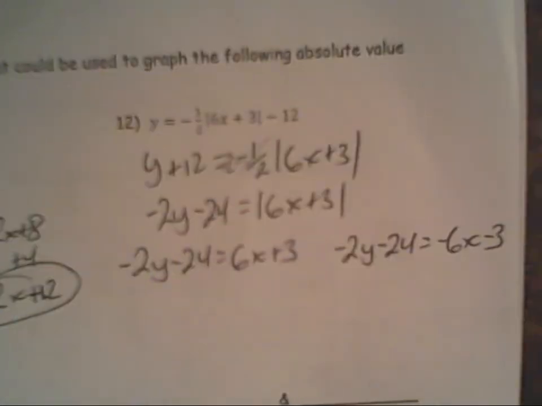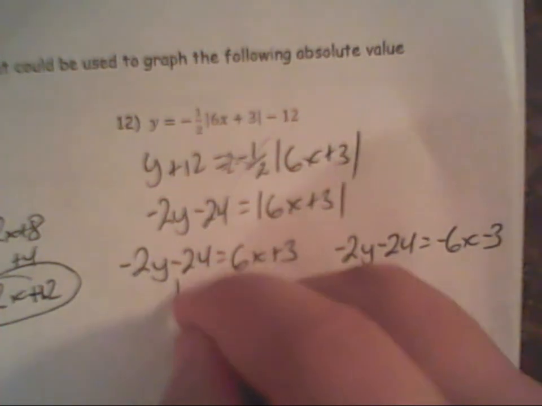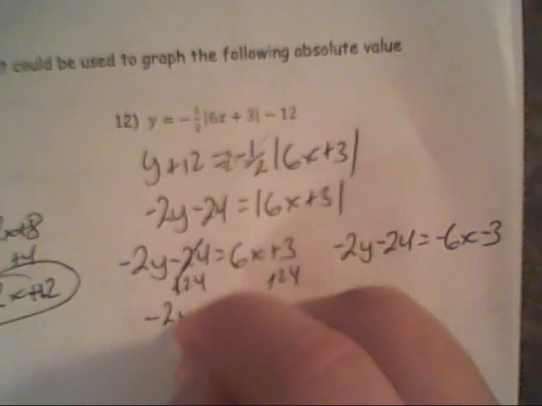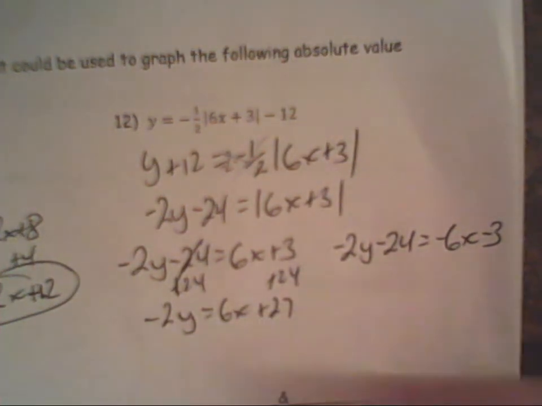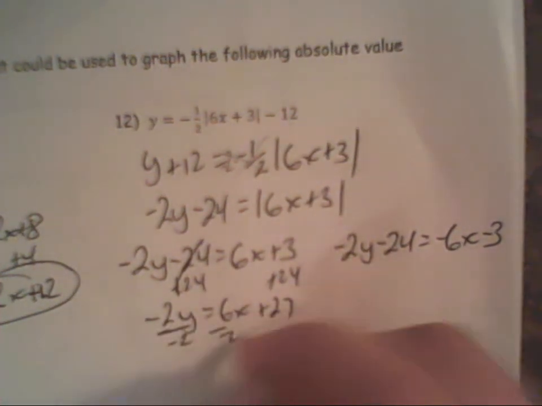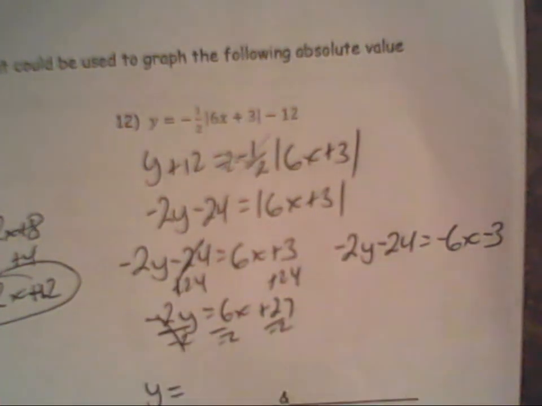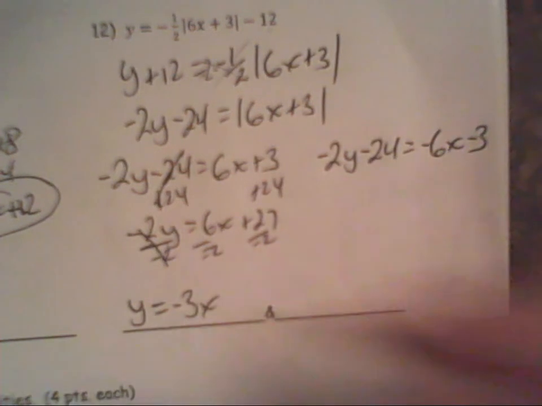And so if I solve the first one first, when I get the y by itself, I would start by adding 24 to both sides. So negative 2y equals 6x plus 27. And then dividing everything by negative 2, I would have y equals 6 over negative 2, which is negative 3x.